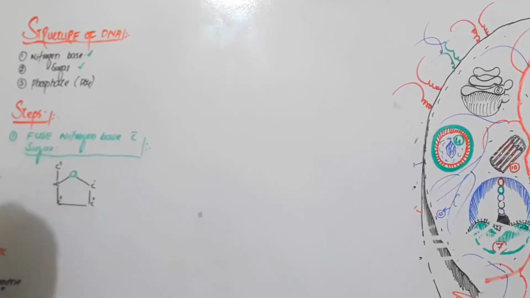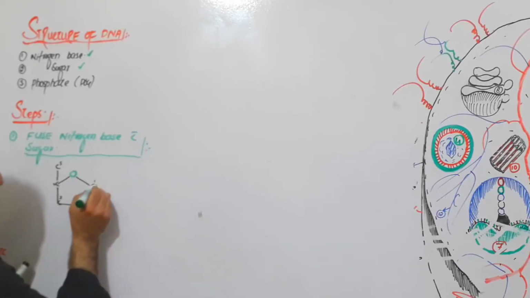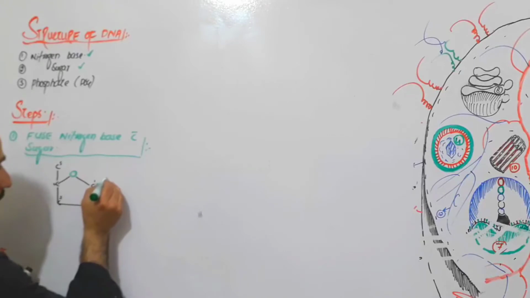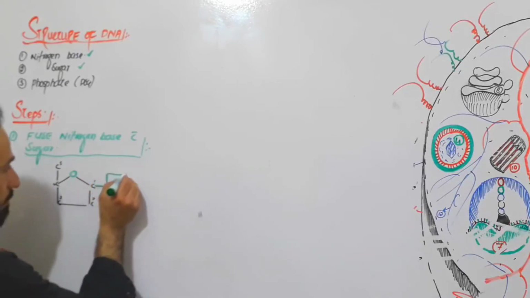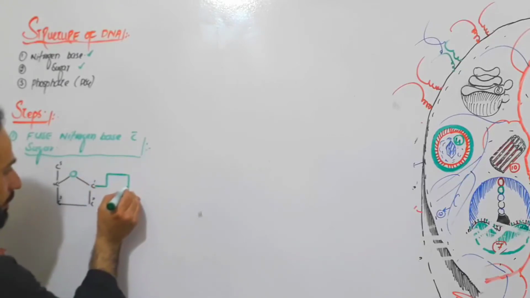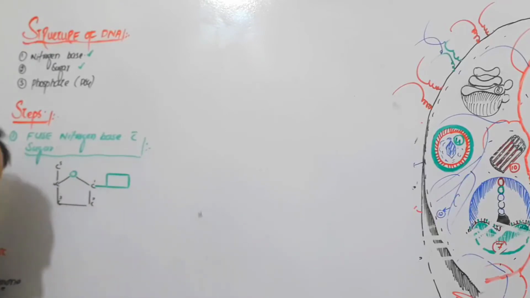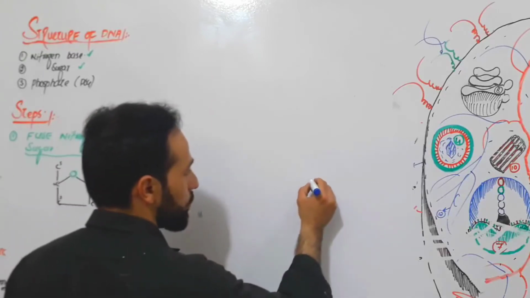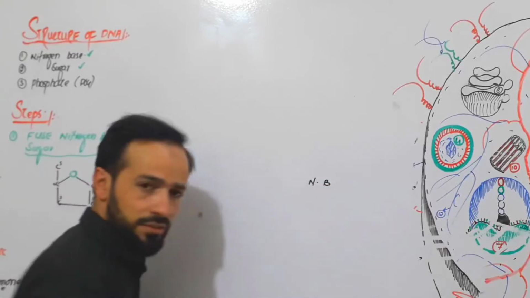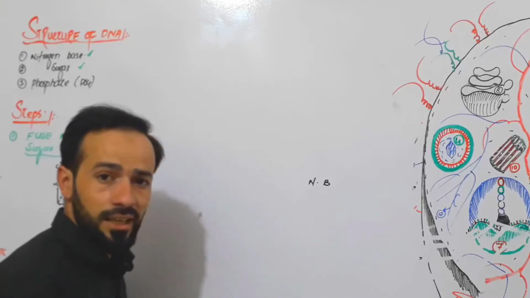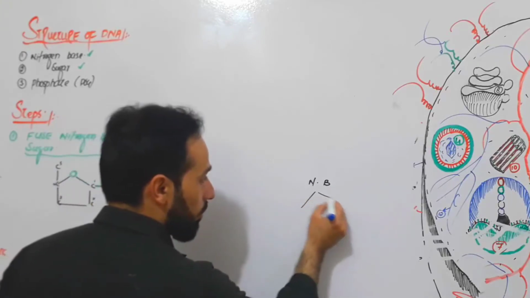This is our sugar, right? Now we combine the nitrogen base here. Here will be our nitrogen base, and I'm making it very simple friends, not drawing the complicated structure, just to simplify everything. If you remember, I had told you about the nitrogen bases which are present in DNA, right? How many types?